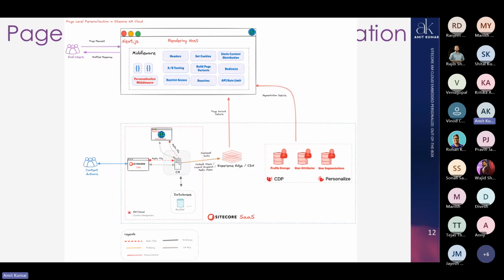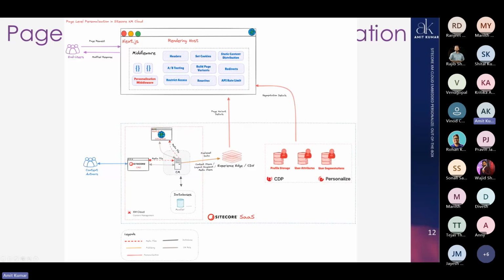By combining the response from the page variant details and the segmentation details, the middleware determines which personalization page variant is suitable for the current visitor. That is also based on the hierarchy: if the first condition is met for a page variant, show that and move forward; otherwise, move to the second. That way, this personalization middleware comes into the picture.